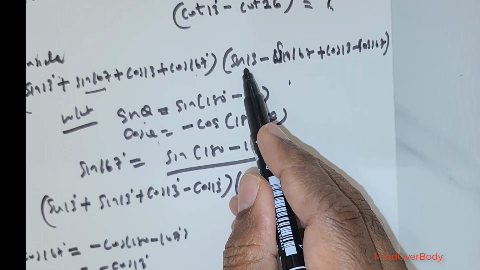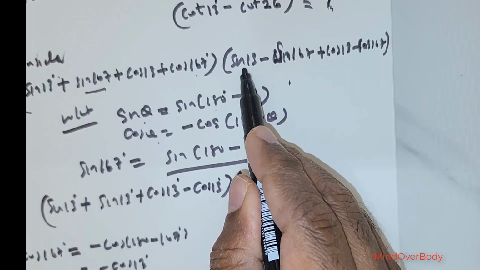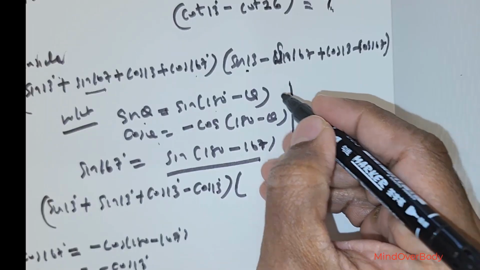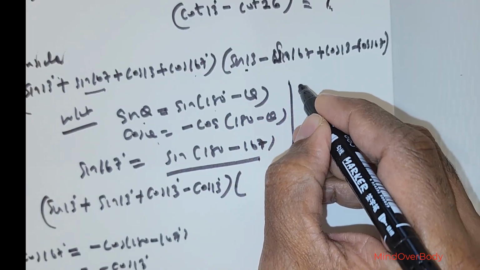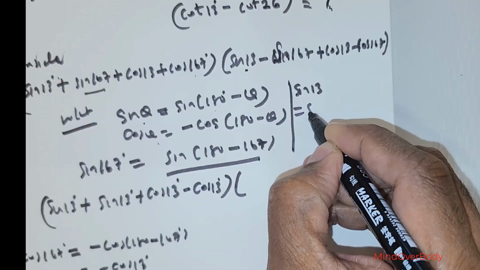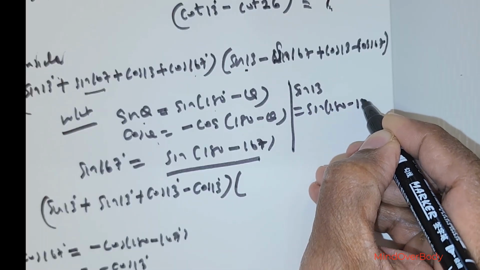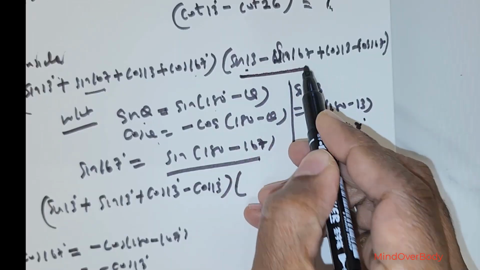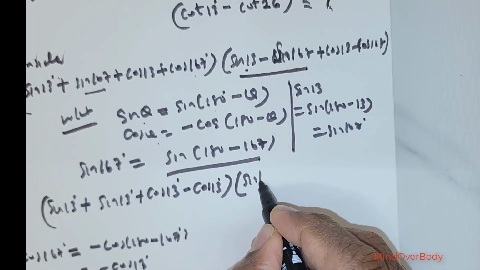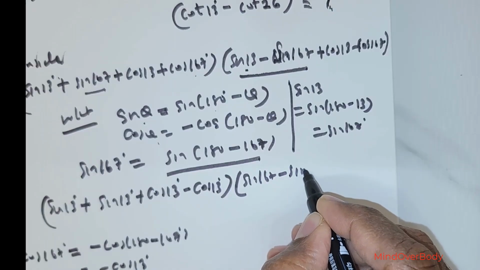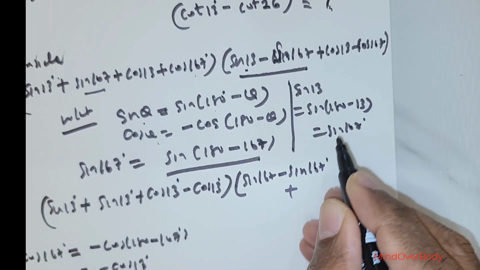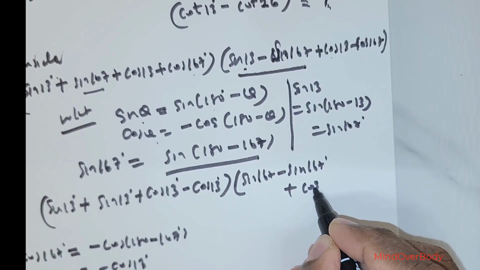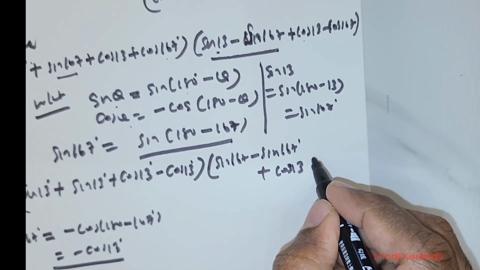Now over here you have sin 13, right? So in this case I'm going to write sin 13 as sin of (180 − 13), which gives me sin 167. So here this is going to be sin 167 minus sin 167. And over here this is cos 13, I'm going to retain it as it is.